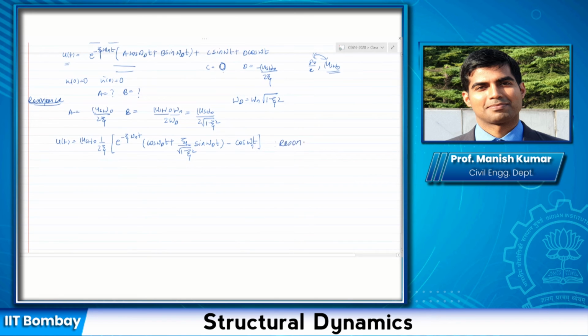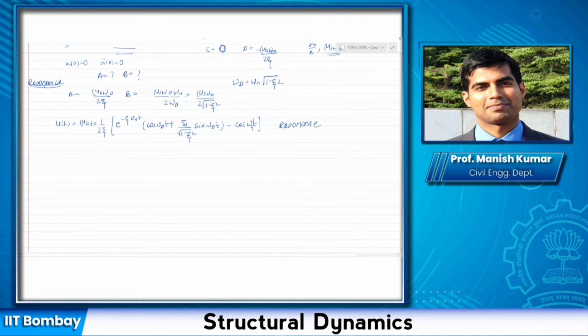Now let us say my system has some realistic value of damping. So for a realistic value of damping, that means zeta is smaller than let us say 10% or 20%. Even if it's 20%, this sine term is directly multiplied with zeta. So when you compare this term with respect to this term, I can neglect this whole term here.